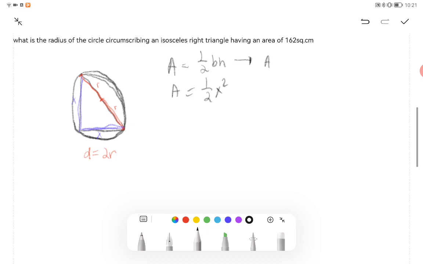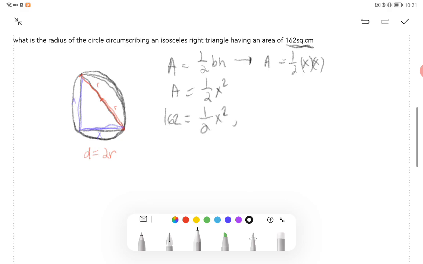So, what do we have to do next? We have to plug in our known value. We are given the area, which is 162 square centimeter, which is equal to 1/2 x squared.